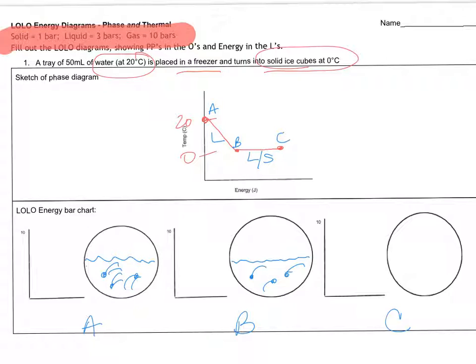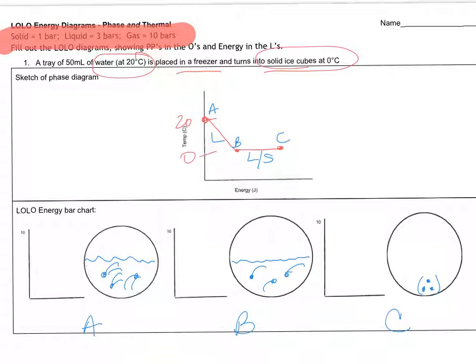So now I've got a liquid, still a liquid, I should say, and it is moving slower because it's at a lower temperature. In C, now I have a solid. That solid, remember, is going to be very ordered. So I'm going to go ahead and draw the particles, very ordered. And I'm going to draw little parentheses around it to show that the particles are just vibrating when we have particles of a solid.